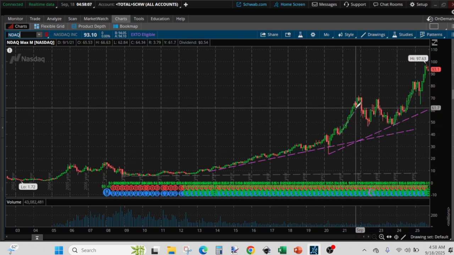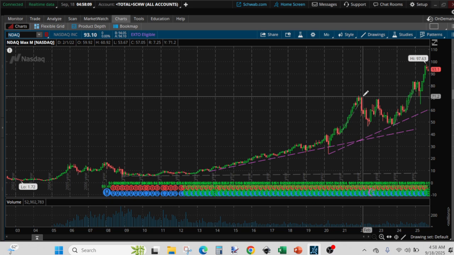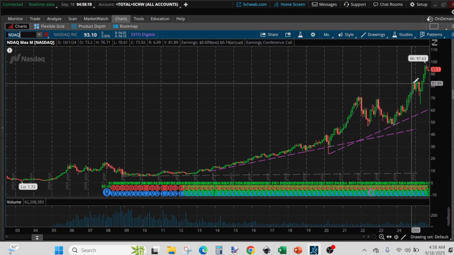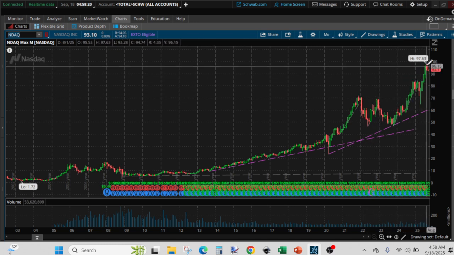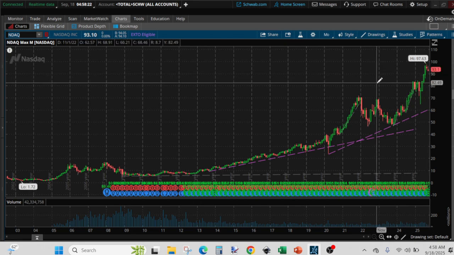And to make it to our short list for 2025, we compare the highs to make sure every year is making a high higher than the previous one.